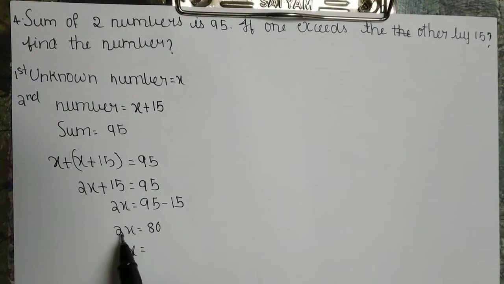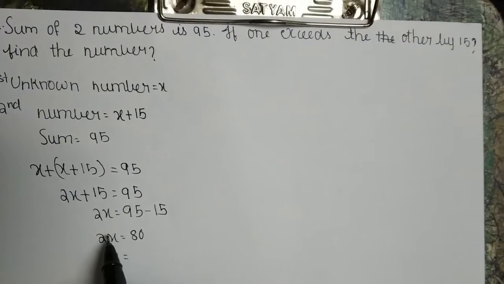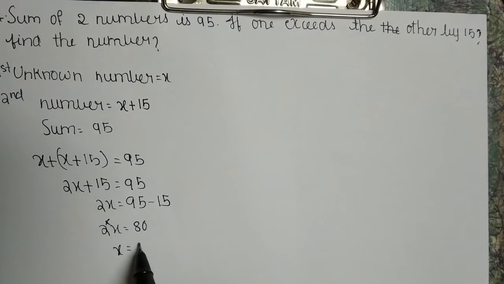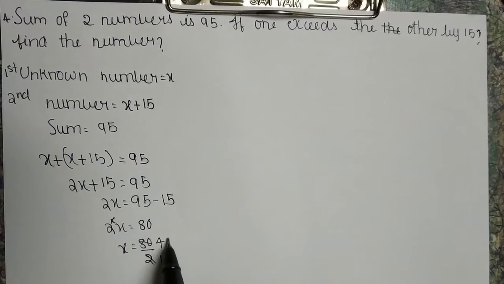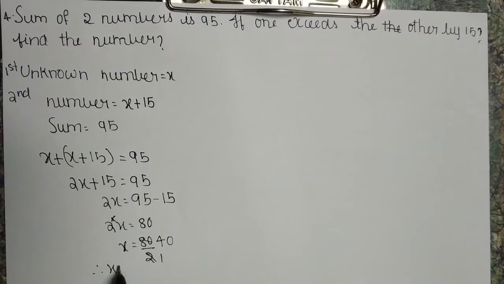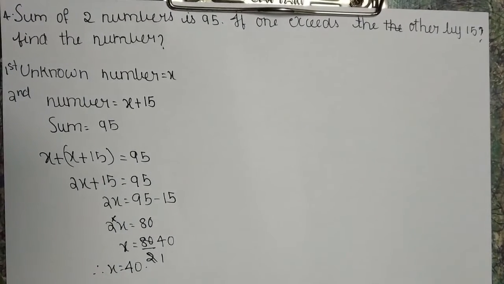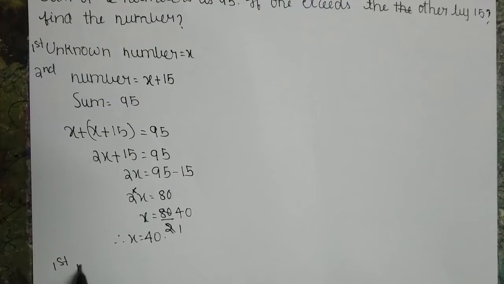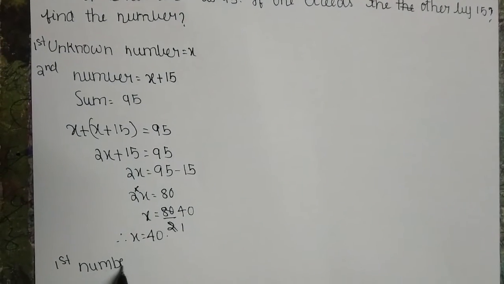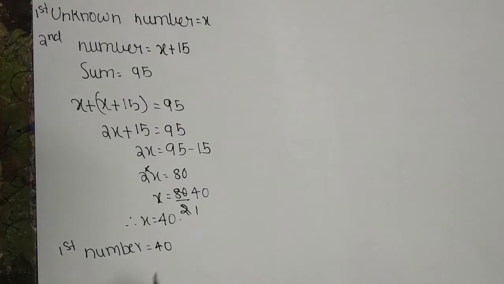2x is equal to 95 minus 15, which is 80. x is equal to, when we transpose this 2 to our RHS, it becomes division, 80 by 2. 2 fours are 8, 2 zeros, 40. Therefore, we got the value of x, that is 40. So the first number is 40.